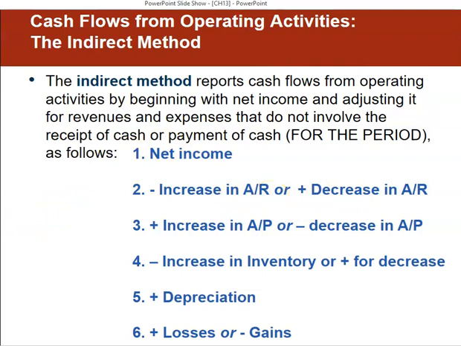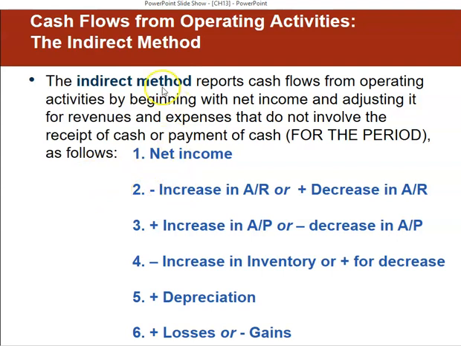Let's say that we have $100,000 of net income, but our receivables went from $50,000 at the beginning of the year to $60,000 at the end of the year. So they went up. That's going to be a negative adjustment of $10,000.